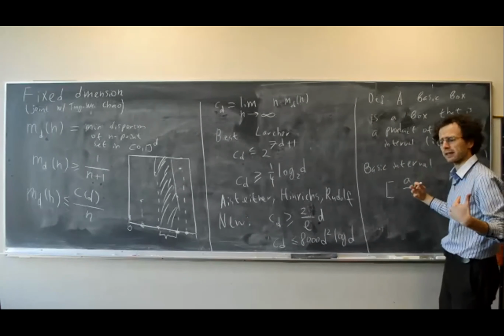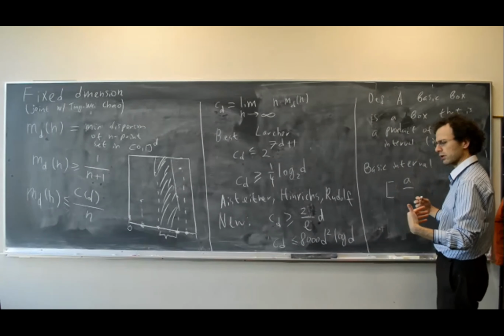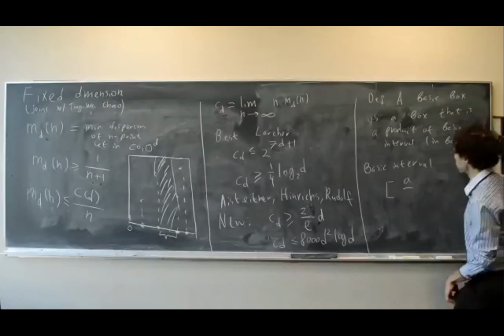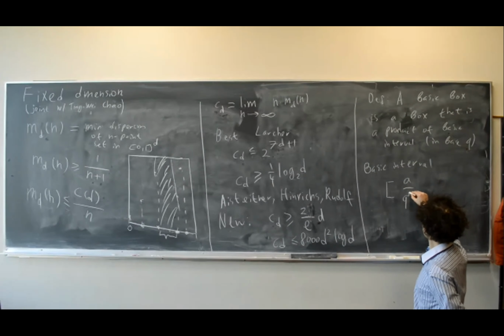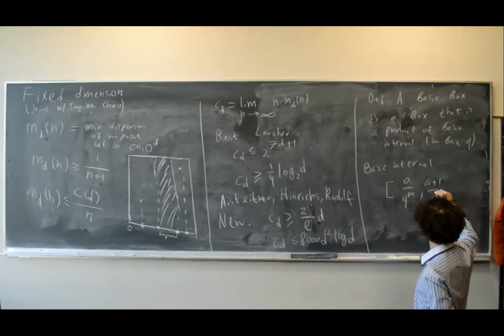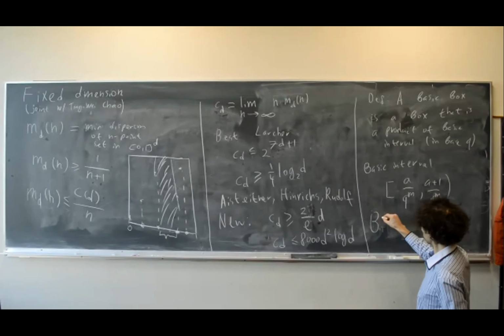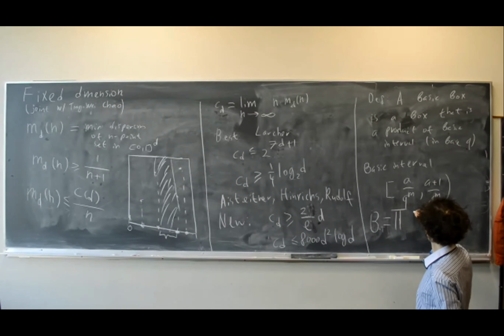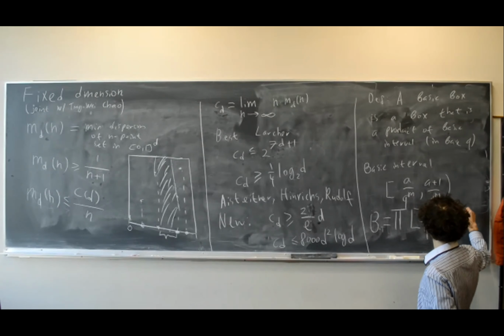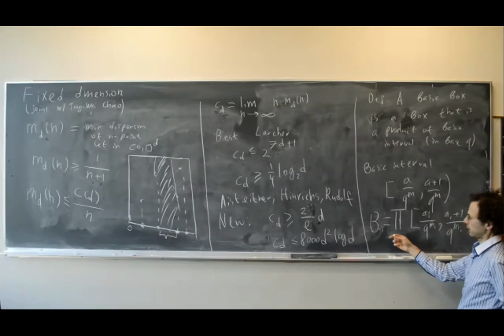You should think of dyadic intervals, except in general there's going to be some base Q. And so I'm looking at the boxes that are products of such intervals.